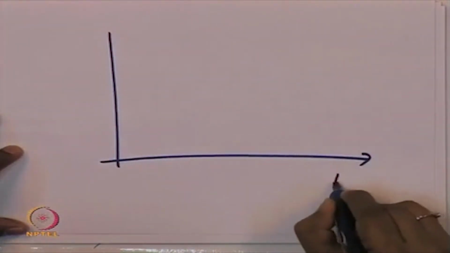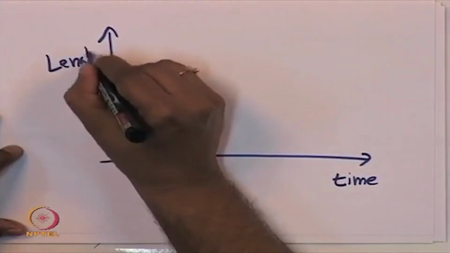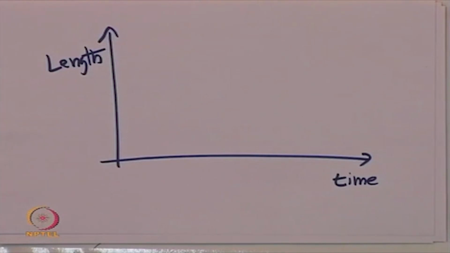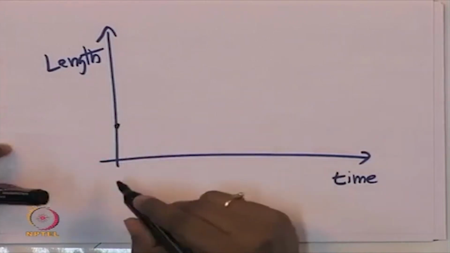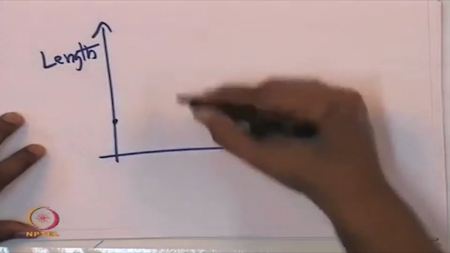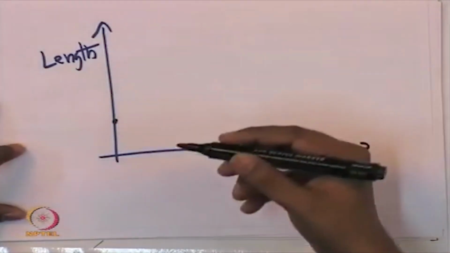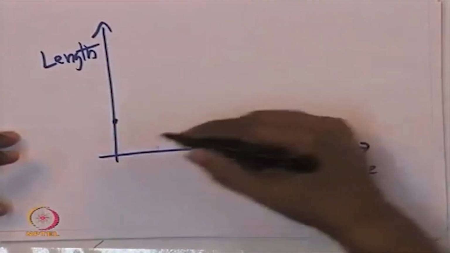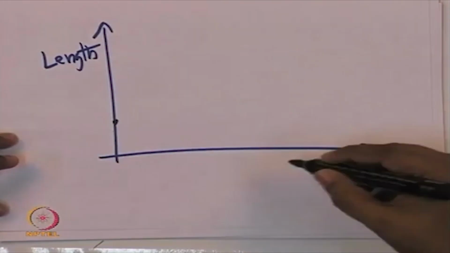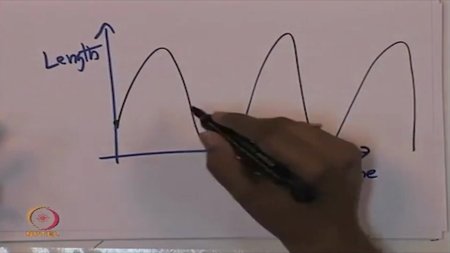So, we should plot time on the x axis and length on the y axis, and at t equal to 0 it will have some length, and we know that this is going to be growing and shrinking and growing and shrinking, but one could plot many ways of growing and shrinking, like something is increasing, decreasing, increasing, decreasing. So, one could plot something like this, but is this correct?